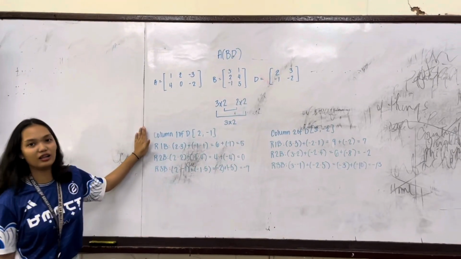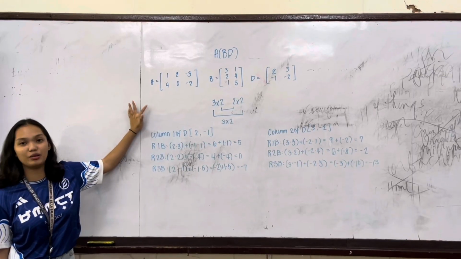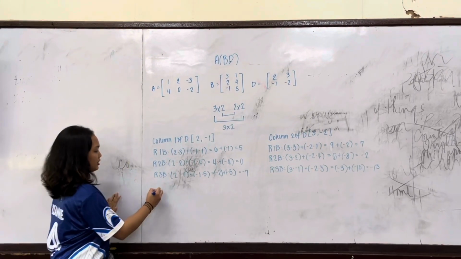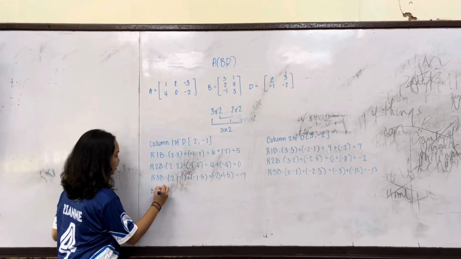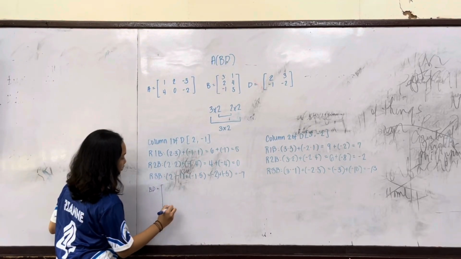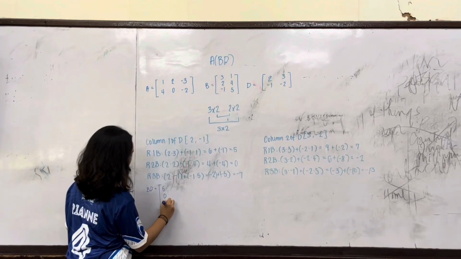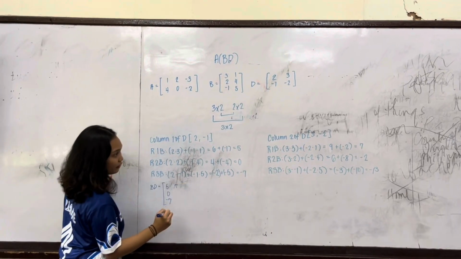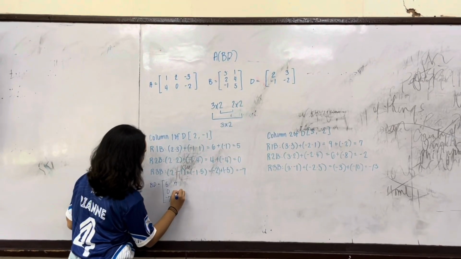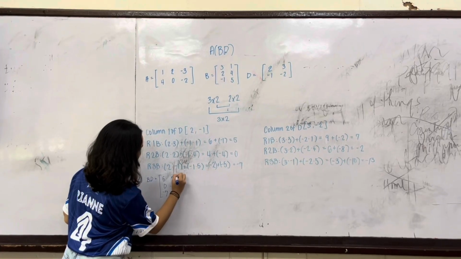Now that we found the values of the product of matrices B and D, we're going to arrange them. We simply copy 5, 0, negative 7, 7, negative 2, and negative 13.